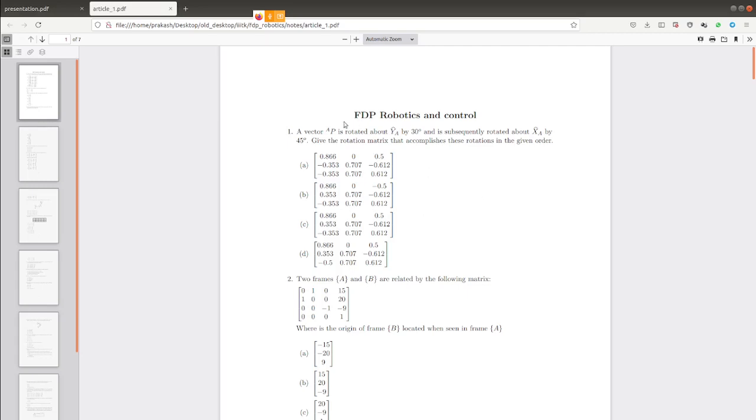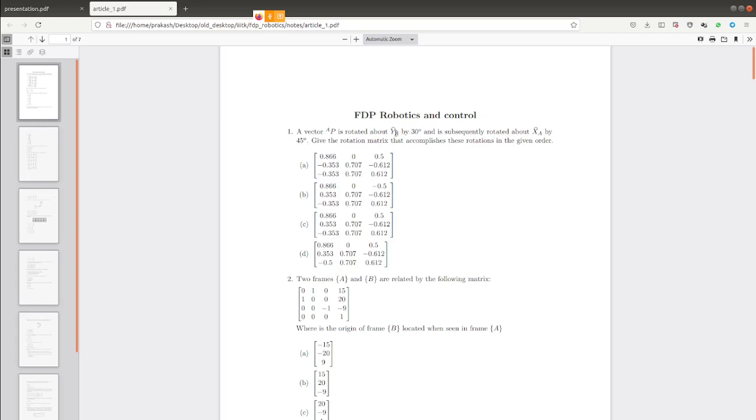20 minutes. Okay, so a vector is being rotated about a particular axis, which is the y-axis, by 30 degrees, and is subsequently rotated about the x-axis by 45 degrees.